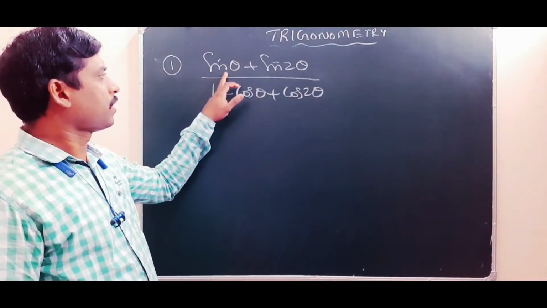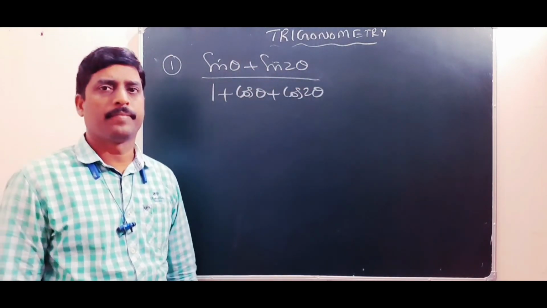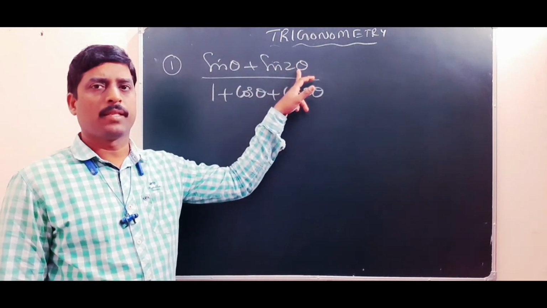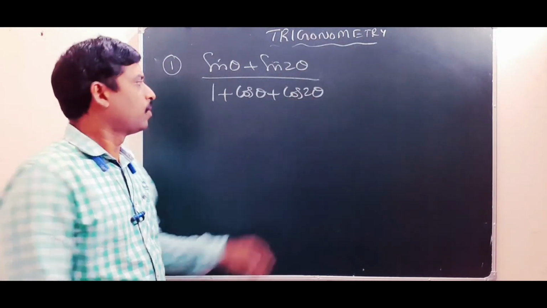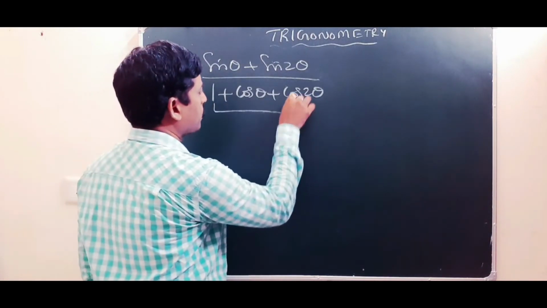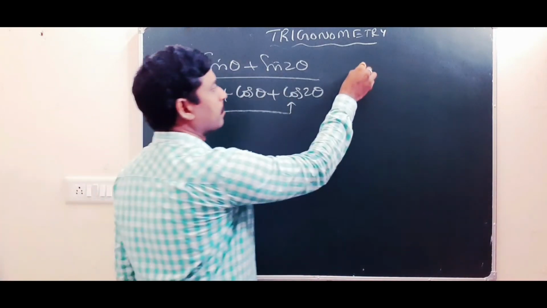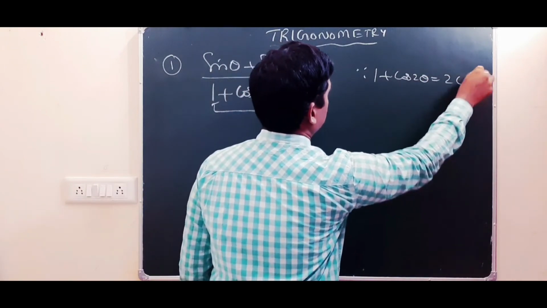Find the value of sin theta plus sin 2 theta by 1 plus cos theta plus cos 2 theta. Okay. We have the sin 2 theta formula 2 sin theta cos theta, and 1 plus cos 2 theta equal to 2 cos square theta.